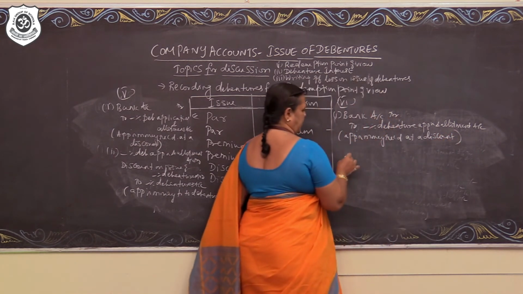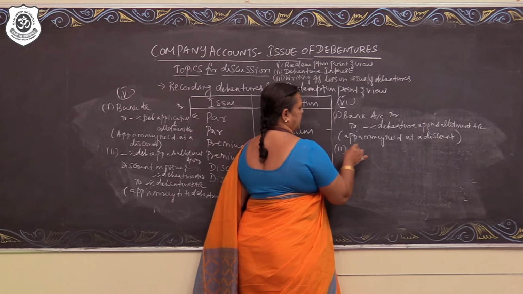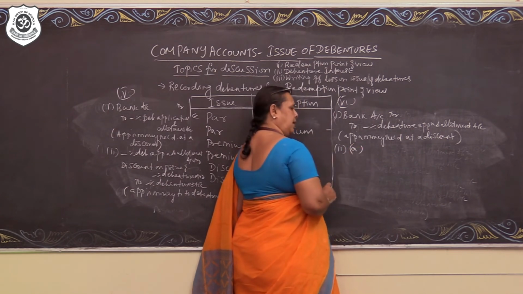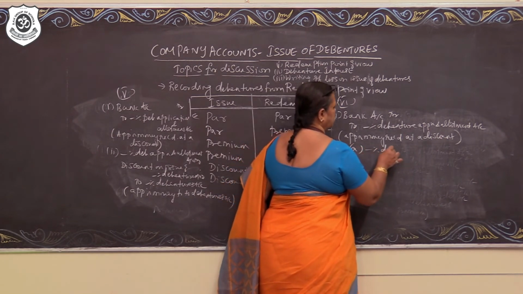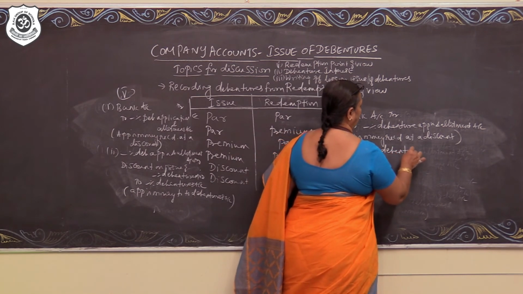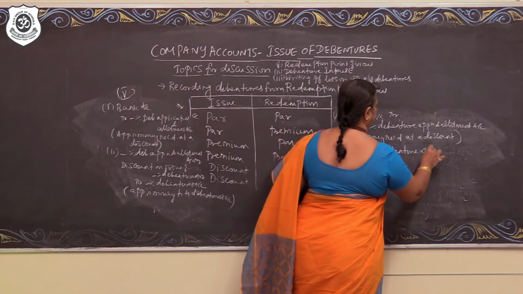The second entry, option A, dash percent debenture application and allotment account debit.